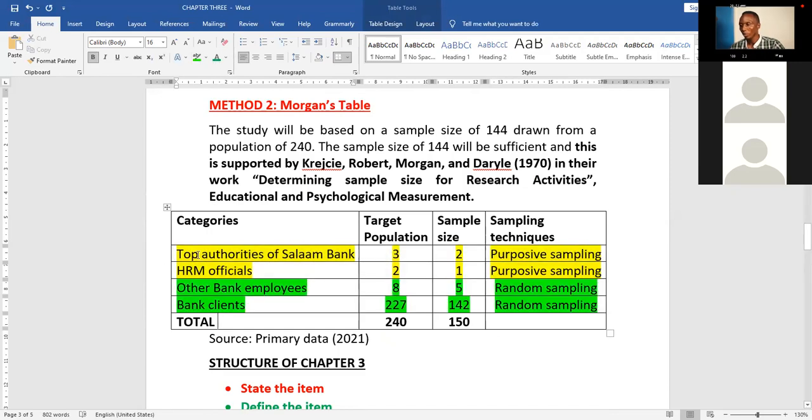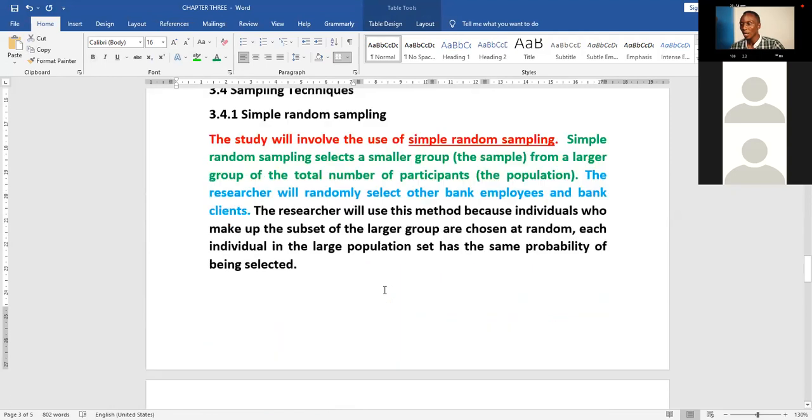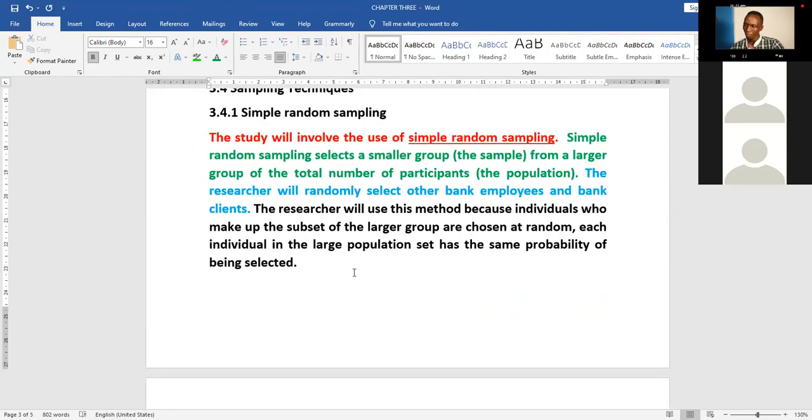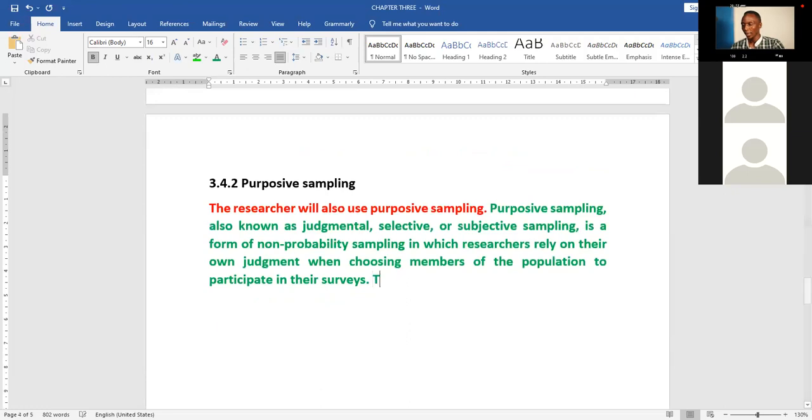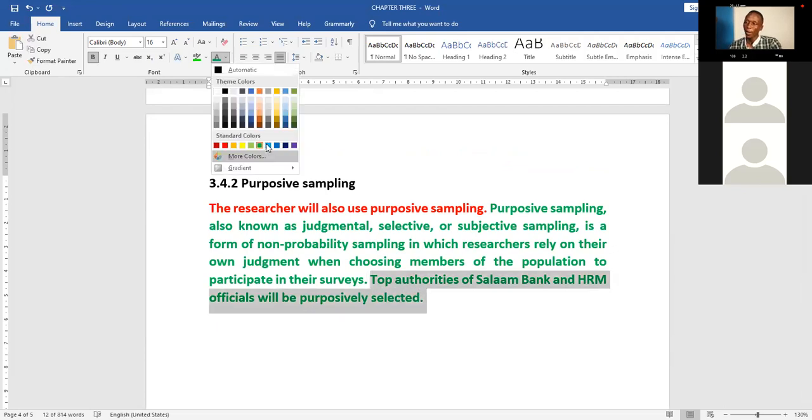So we're going to say the top authorities of Sarama Bank and human resource officials will be purposively selected. So that is explaining the item.